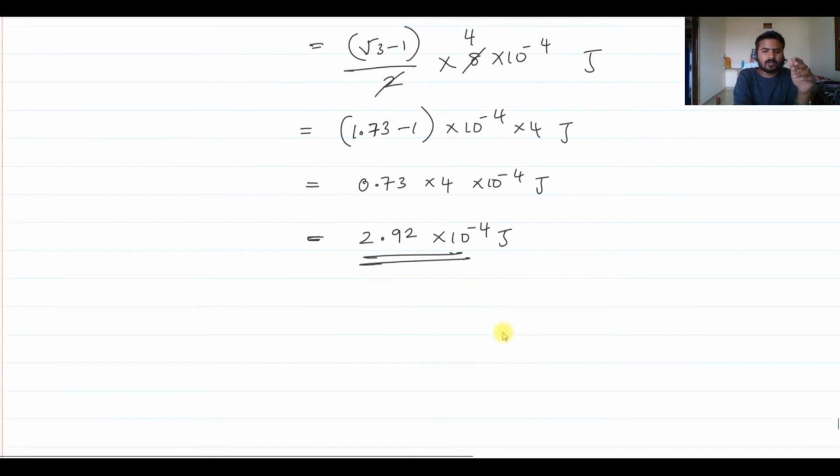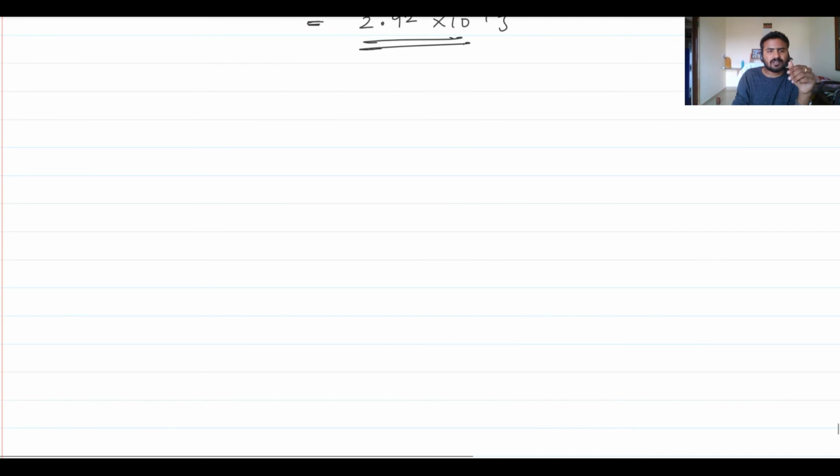Okay, so one homework question that I will give you is how much work is done to rotate a dipole from 0 angle to 180 degree. So you can find the answer for that homework problem.